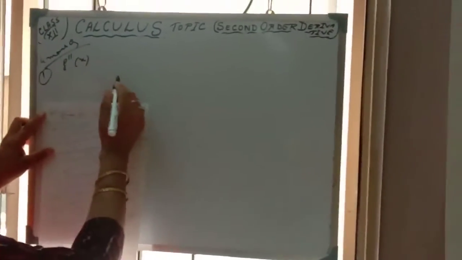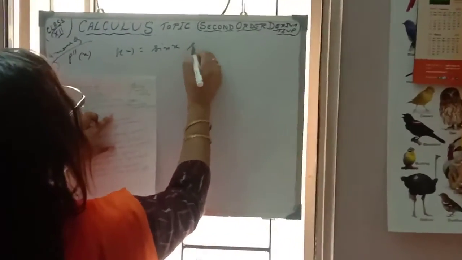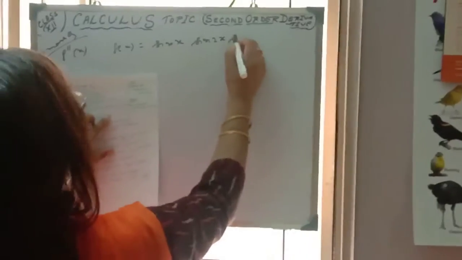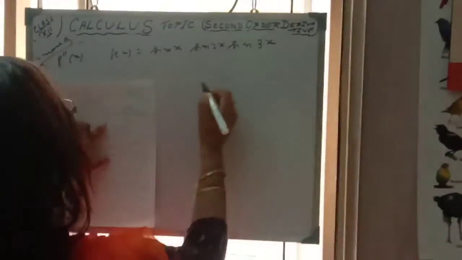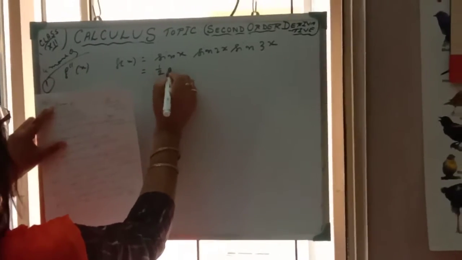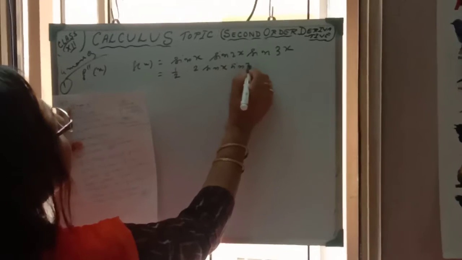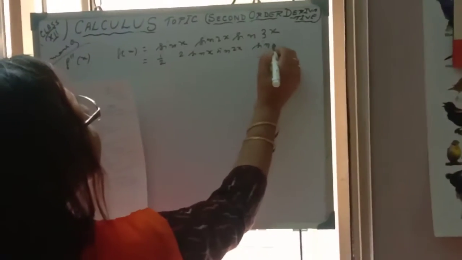Question number 1: find f double dash x when f(x) is equal to sin x, sin 2x, sin 3x.